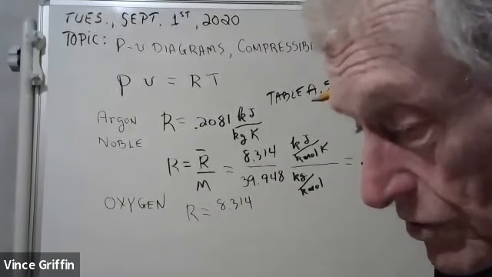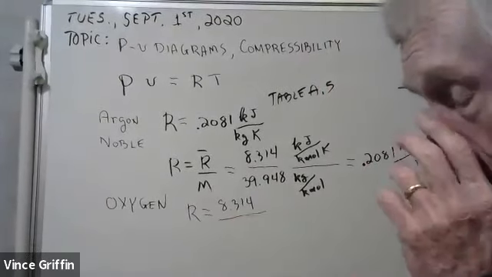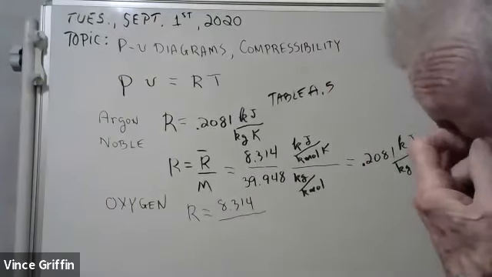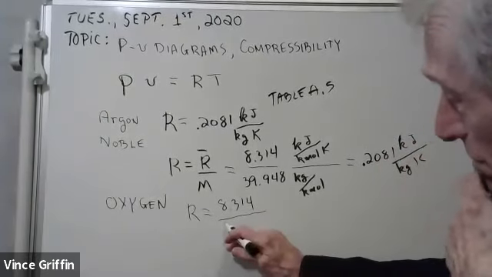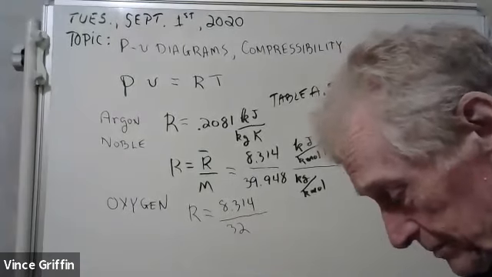That's the universal gas constant. And you probably know molecular oxygen is 32, isn't it? Isn't oxygen 32? Yes, sir.